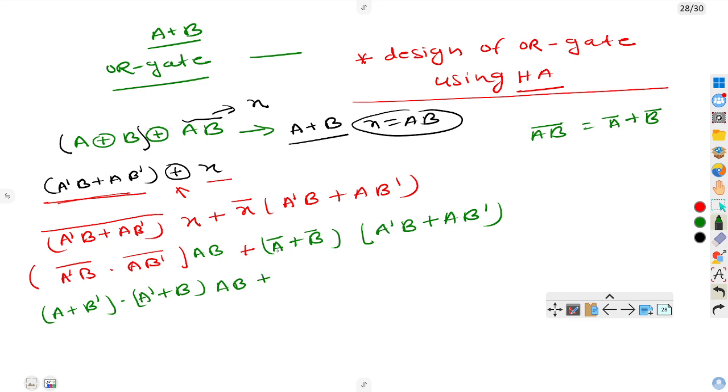If you multiply A bar into A bar, one thumb rule I am telling: if you multiply A bar into A bar into A bar, complement up to n times, it will always equal A bar. Similarly, if you multiply A into A up to n times, the result is A. No issue, the meaning is the same.